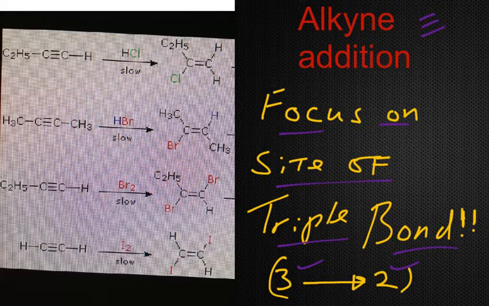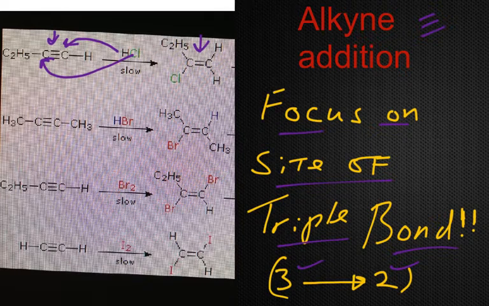Now, the HCl over here, simply what's happening, they put the H here, and they put the Cl over here. Once again, folks, if we twist it around, it doesn't matter. As long as you went to the correct site where the triple or double bond is, you're good to go. So right now we're focusing on a triple bond, and eventually it turns to a double bond.